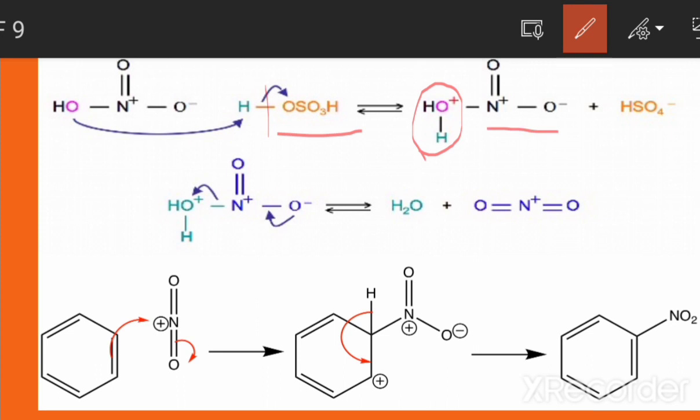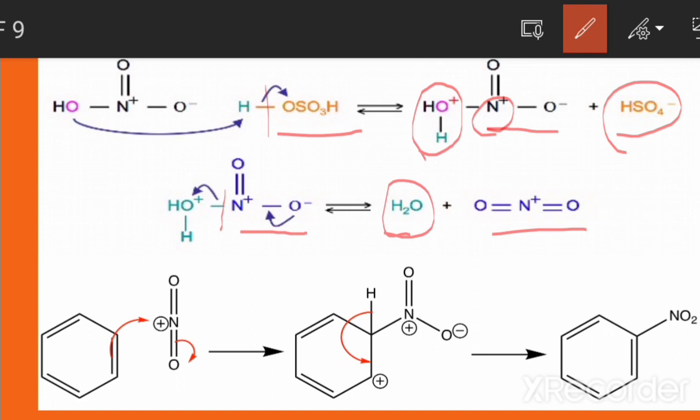So we have a positive ion and a negative ion. Then the nitrogen that is directly attached to oxygen will break its bond, and we have water as a byproduct, and we gain the final product that we required, that is a nitro group.